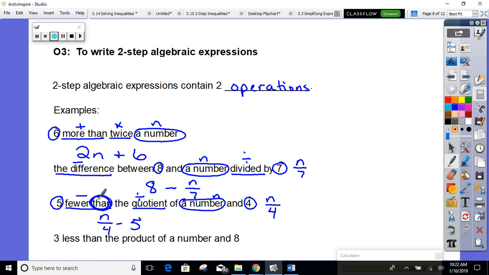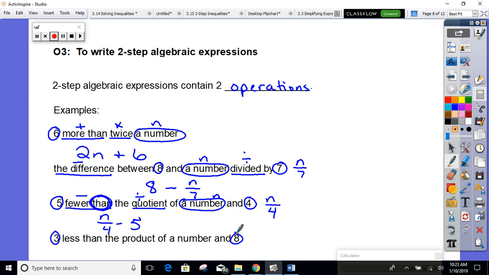We have 3 less than the product of a number and 8. Gavin, what are the numbers in this problem? Or variables? Okay, 3 and 8. And then do we also have a variable somewhere? That's a word that tells us what to do. Like, for example, in this one, we had 5, a number, and 4.